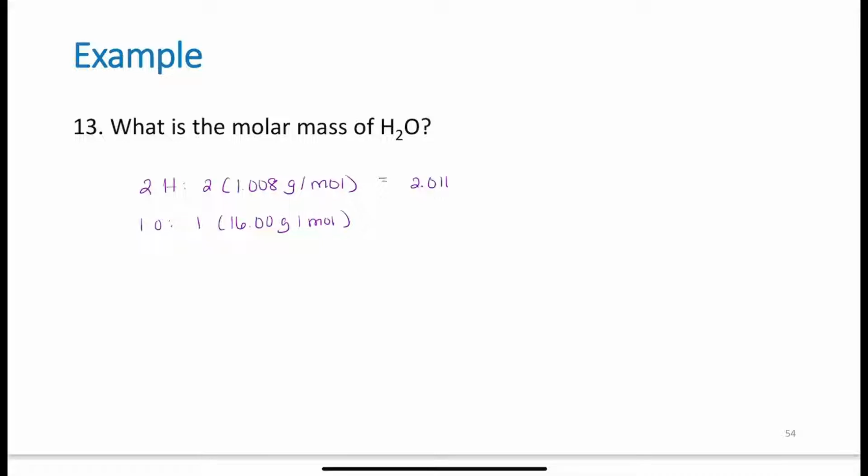This gives me 2.016 grams per mole. This gives me 16 grams per mole. Adding them all together, you're going to get a molar mass of 18.02 grams per mole. So dihydrogen monoxide, or water, has a molar mass of 18.02 grams per mole.